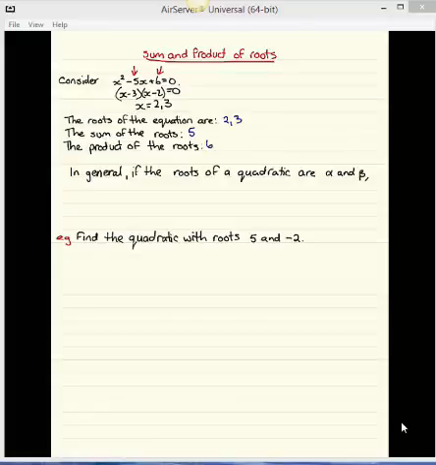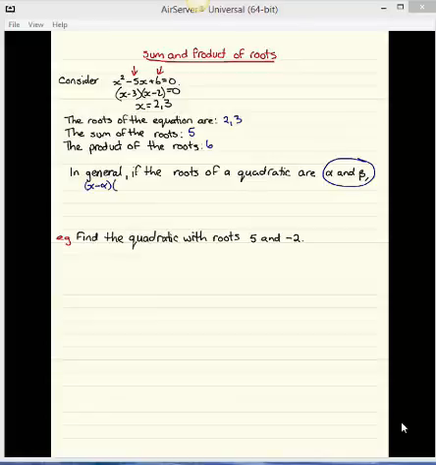So to generalize that idea, if the roots of a quadratic are, you'll see here we use alpha and beta, that's the convention. So the roots of a quadratic are alpha and beta. And if we want to work out what that means for our equation, we know that if it's alpha, then x minus alpha is a factor.